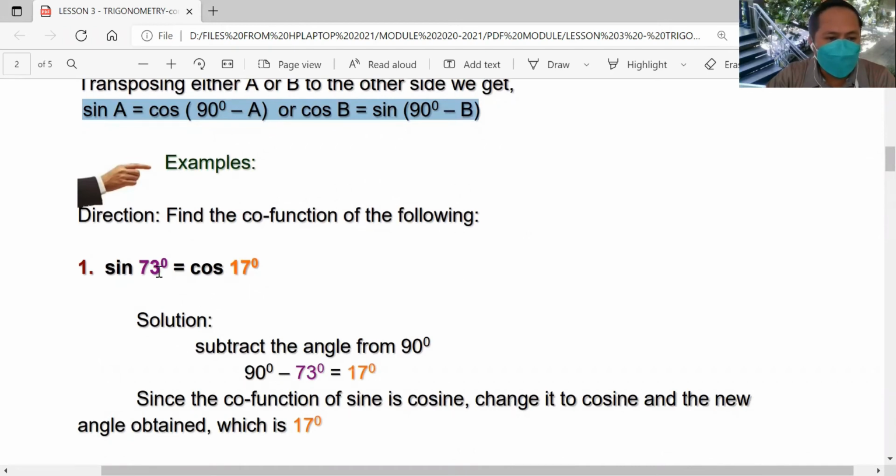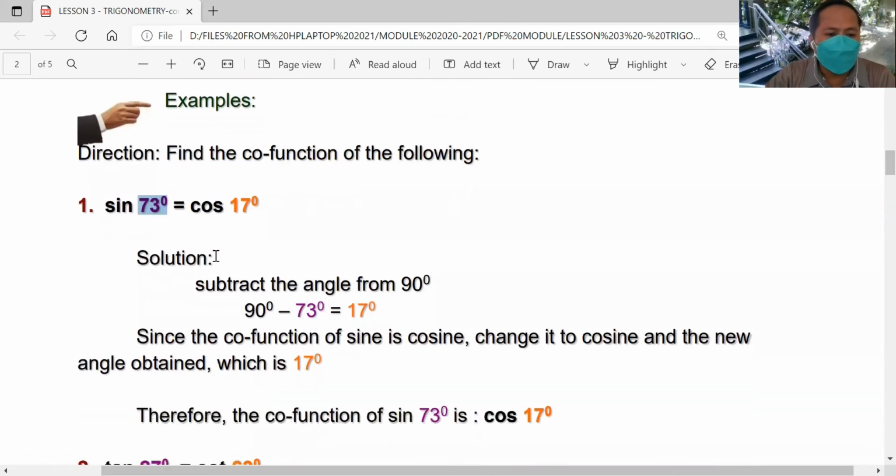We have sine 73 degrees is equal to cosine 17 degrees. Why? Because the given angle here is 73, and the cofunction of sine is cosine.